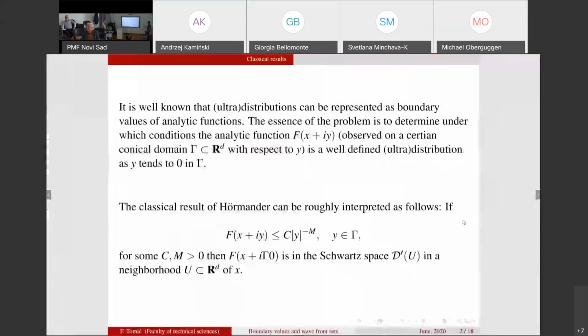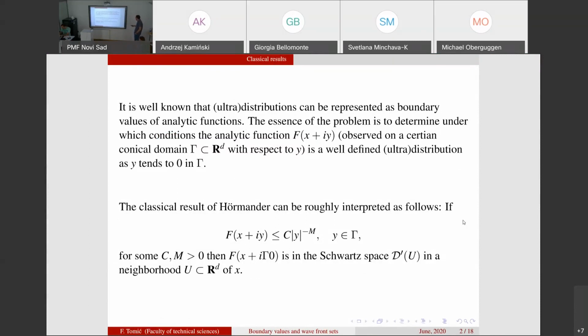Today I'm going to talk about boundary value representations of ultradistributions, a certain type of ultradistributions. Of course, in standard theory, it is well known that ultradistributions can be represented as boundary values of analytic functions.